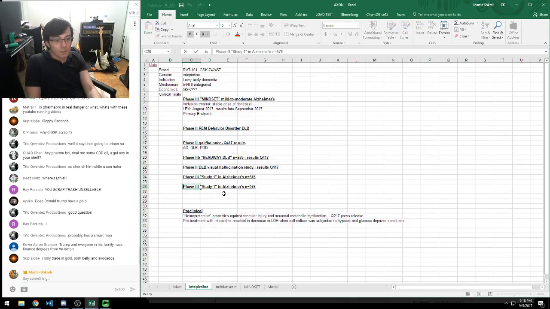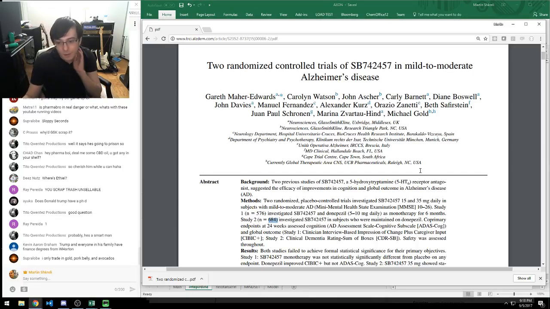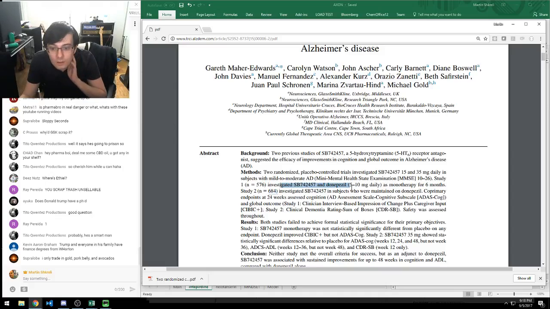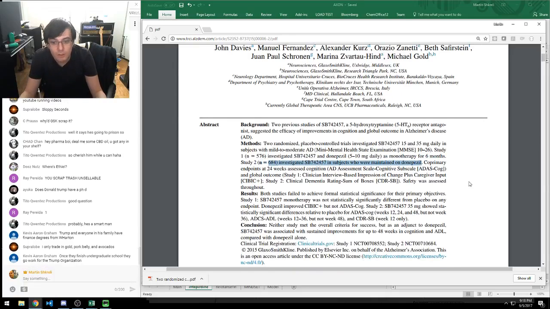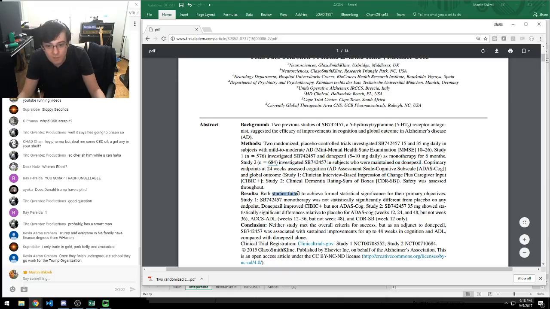And phase 3, study 2 in Alzheimer's, N is 684. Okay. And study 576 investigated 457 and donepezil as monotherapy, and this was in addition. So both studies failed to achieve formal statistical significance for the primary objectives.